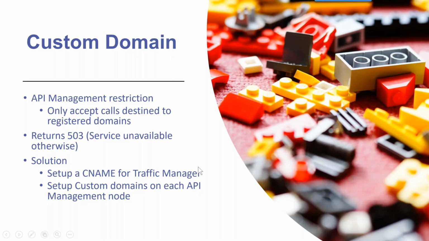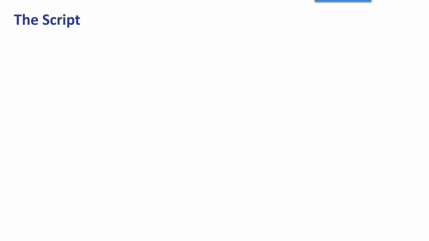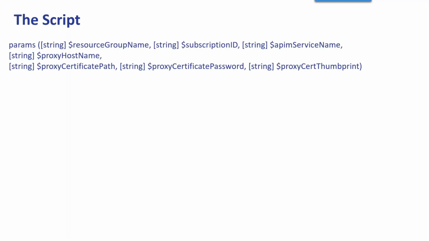In order to set up a custom domain for that, you're going to need a valid certificate. You're going to need the right domain name associated to that certificate, right? And you can implement that via PowerShell script. The script looks like this. You're going to be passing a whole set of parameters.